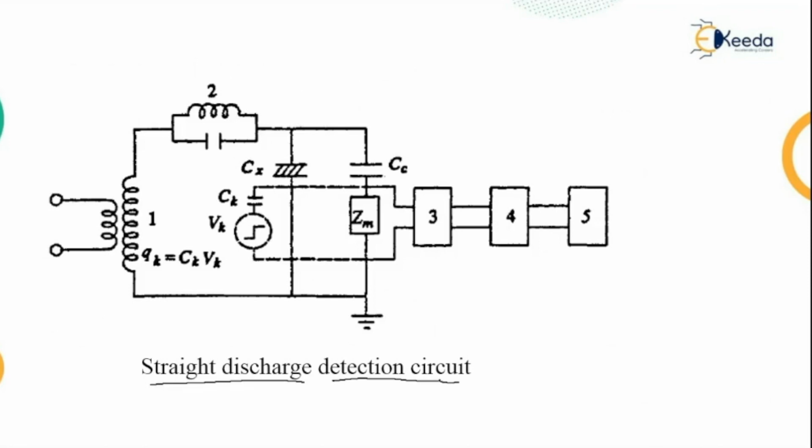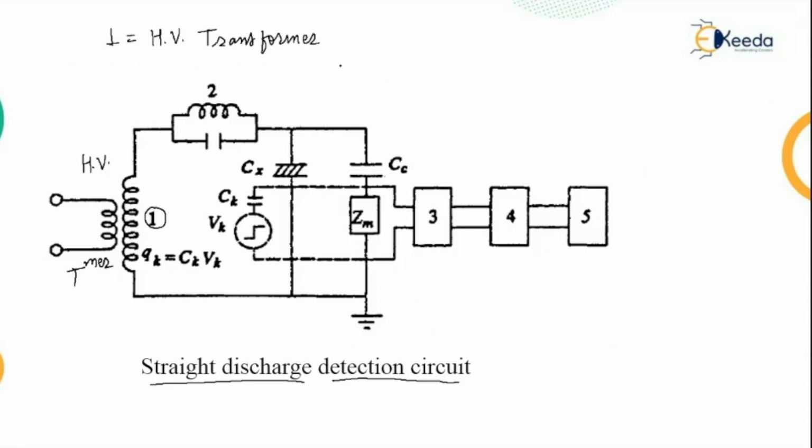In this case, the high voltage transformer shown here is numbered 1. So number 1 is the HV transformer.